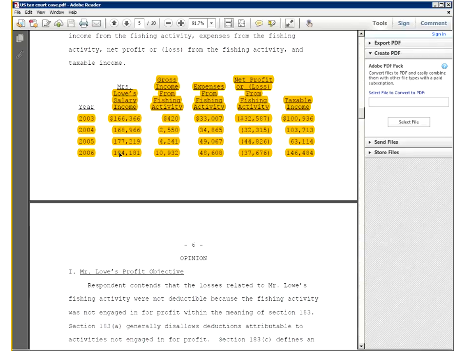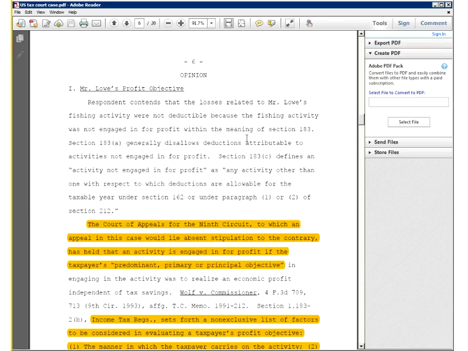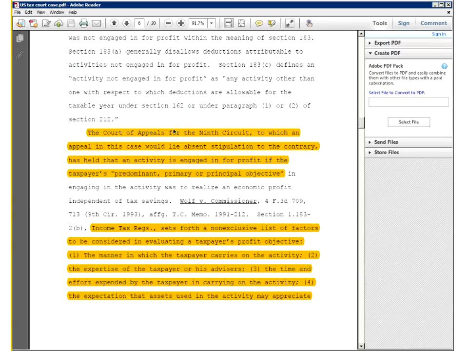Remember, she had $170,000 in income, and then subtracting out this big loss and then getting a standard deduction and exemptions, finally coming to a pretty low taxable income. So the IRS is saying, hey, you shouldn't be counting these losses. And the guy says, yeah, I can because it's my business.